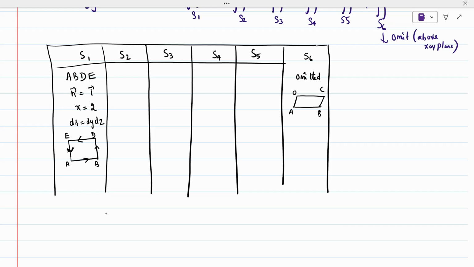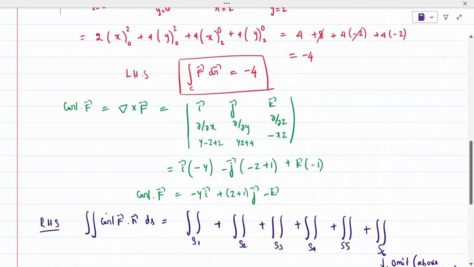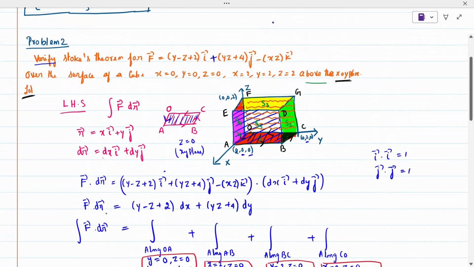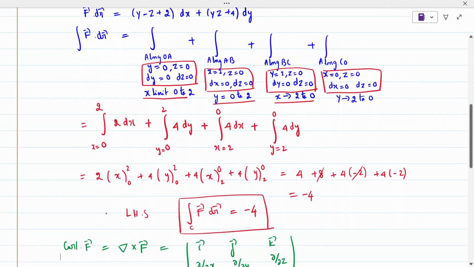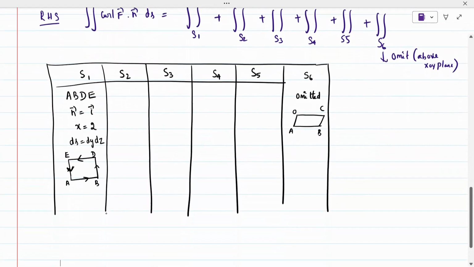My second surface is O, C, G, F. It is minus i, the n cap is the minus i vector.